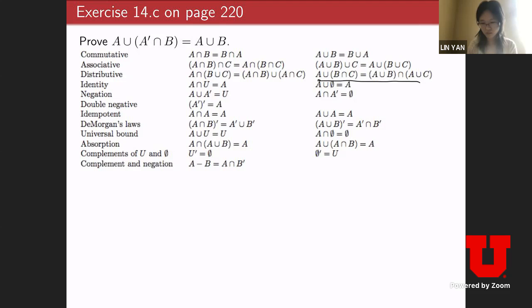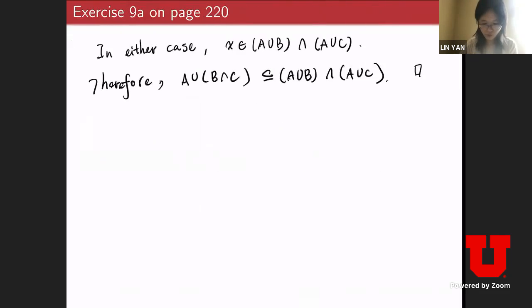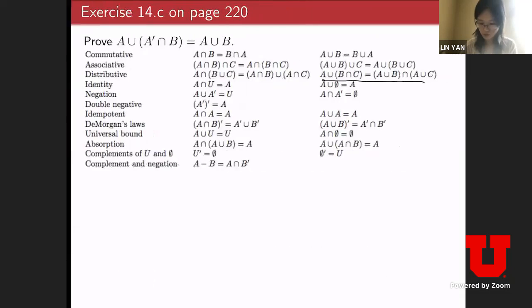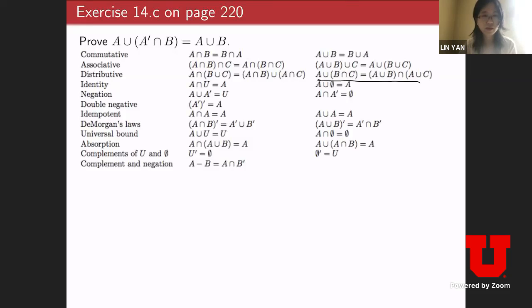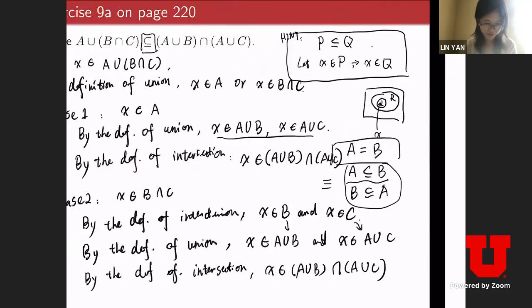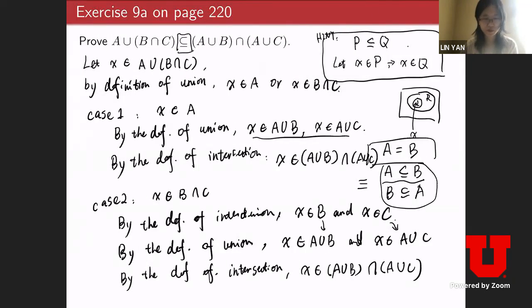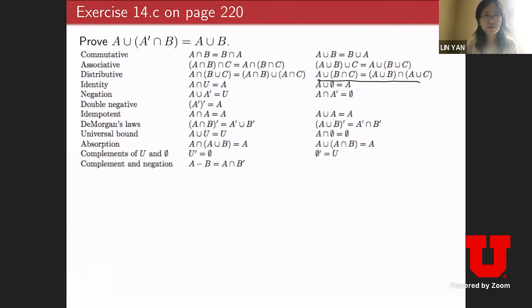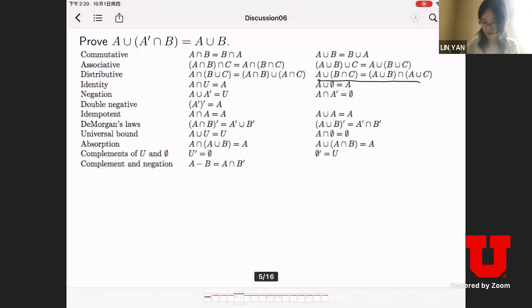Okay, sorry, I needed to make a comment. In the previous problem, you cannot use the equivalence table directly because it is required to prove it. So maybe in the future, you will also need to prove this statement. So if it asks you to prove this statement, you should prove it step by step.